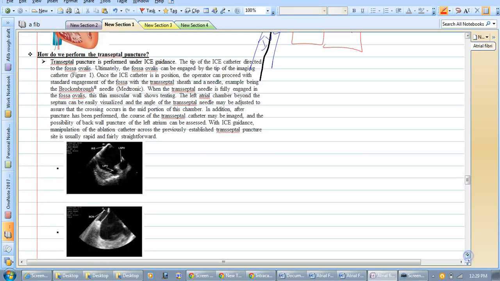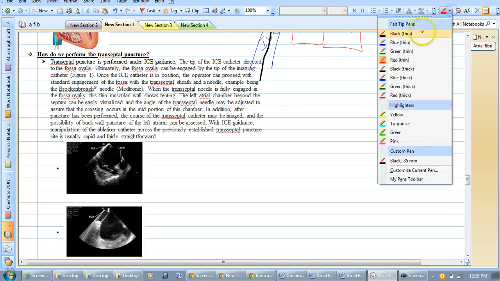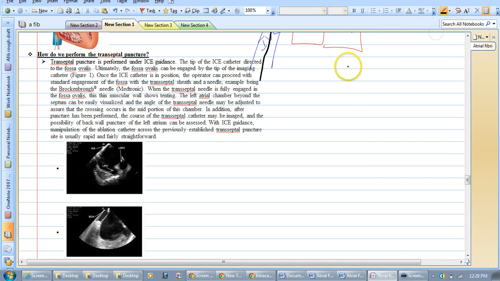So you might be asking yourself, how do we actually physically perform this transseptal puncture? As mentioned previously, we're going to be using ICE, which stands for intracardiac echocardiography.